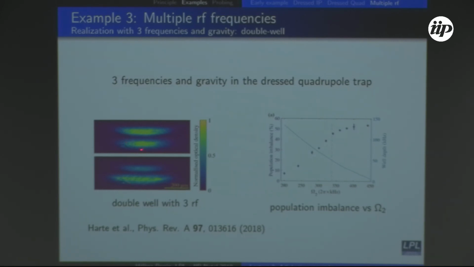This is a resonant frequency. Then another resonant frequency will make a local maximum for the spin, and then a third one, a new minimum of the spin. So with 3 frequencies, you can have 2 gases on top of each other, and by adjusting one of the RF couplings, you can tune the population imbalance between these 2 shells.